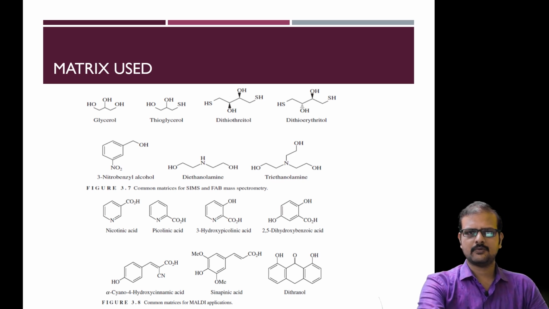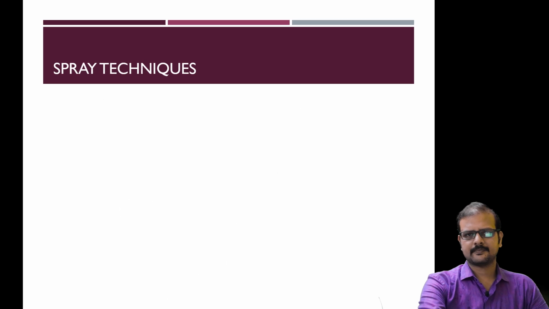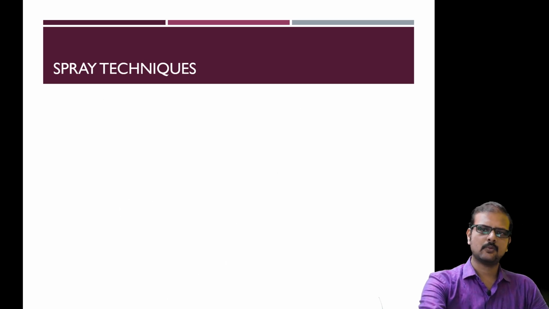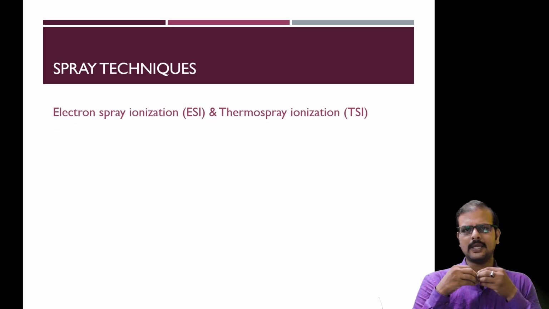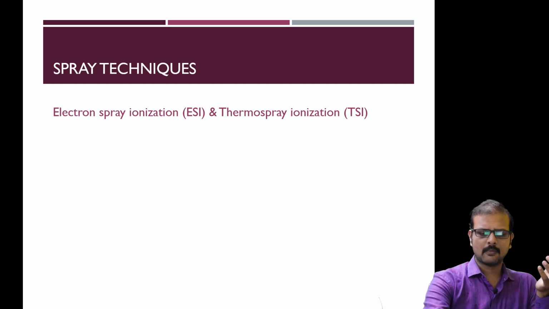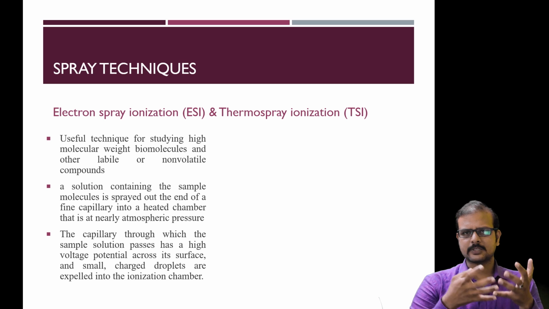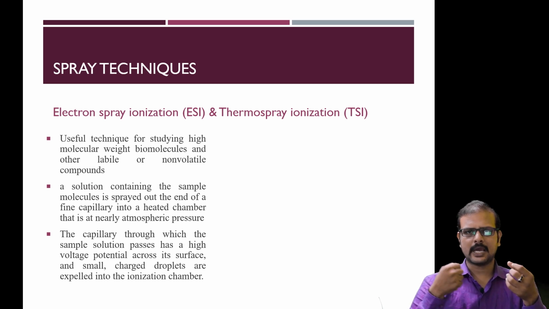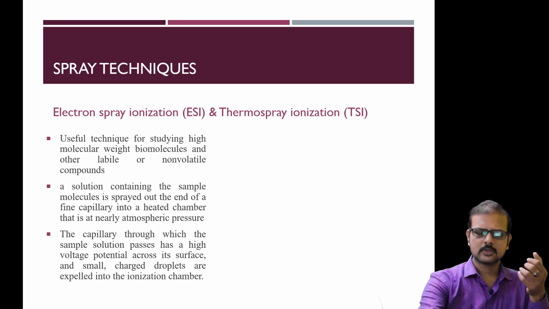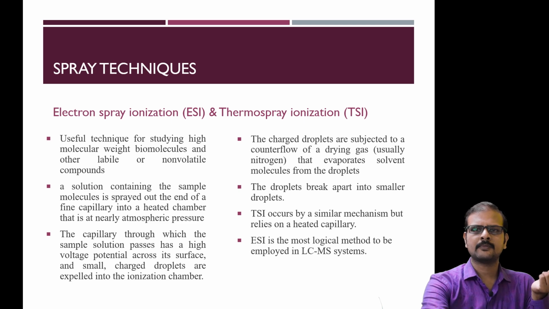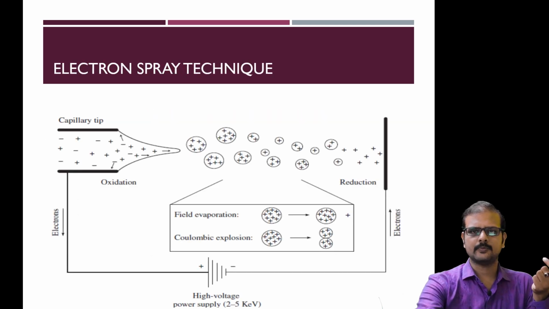The next technique which we use is the spray technique. In the spray technique, we collide the molecules with a spray of electrons. Where do the molecules come from? A capillary tube.